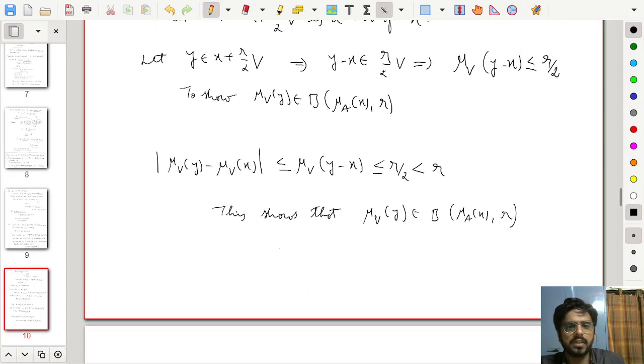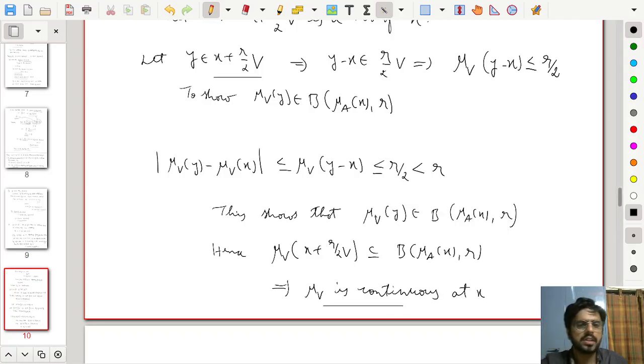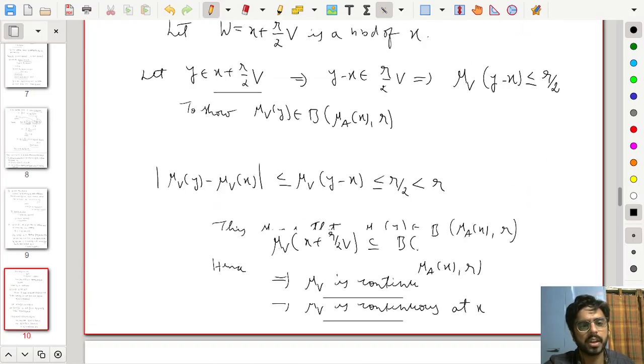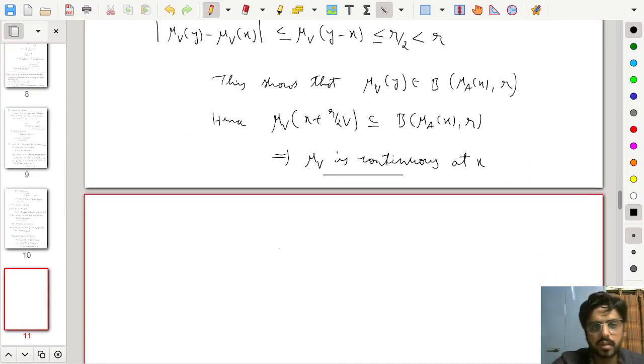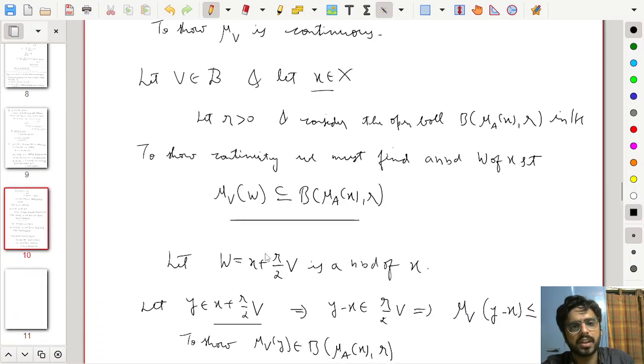This is true for all y in W. Hence the image of this open set is contained in this ball. This implies mu V is continuous at x. Since our choice of x is arbitrary, we get that mu V is a continuous function on X.